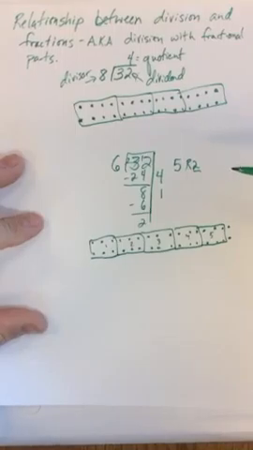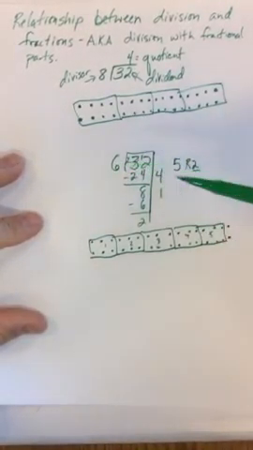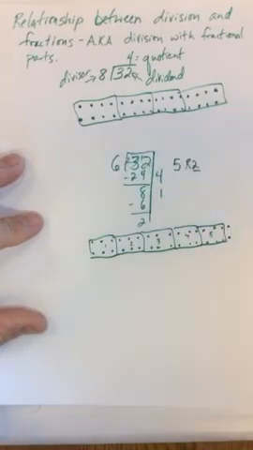When you are dealing with fractions, you simply look at that remainder and you say, what would that 2 be of? Well, that's 2 out of what our divisor would be, which is 6. So there's 2 left out of 6 more.